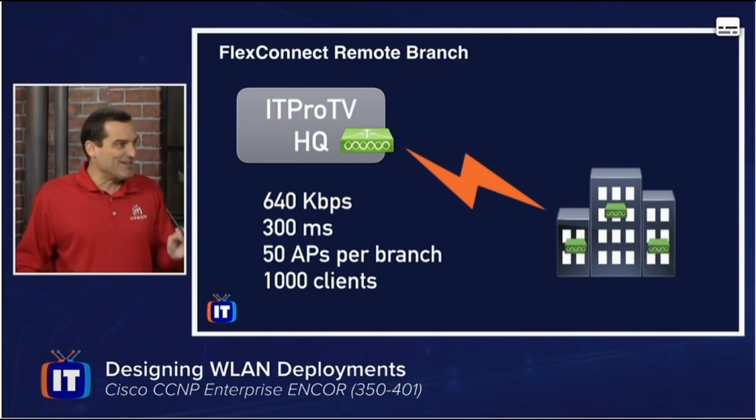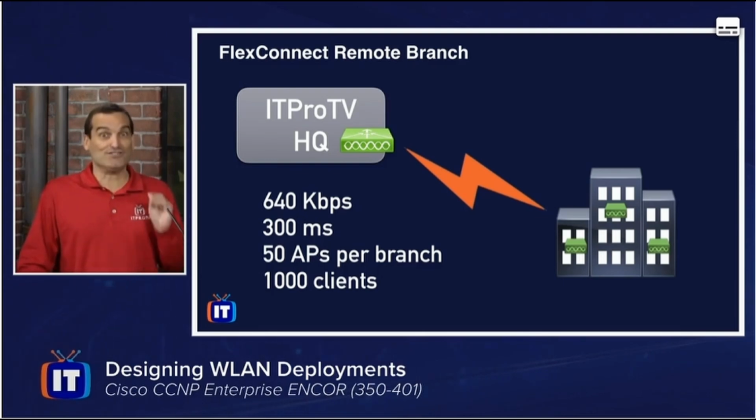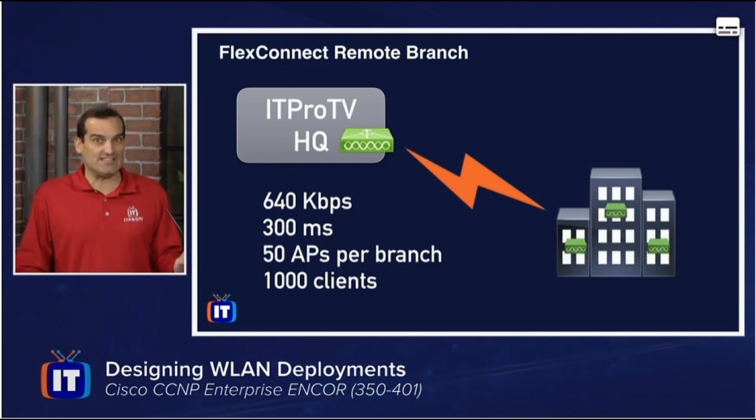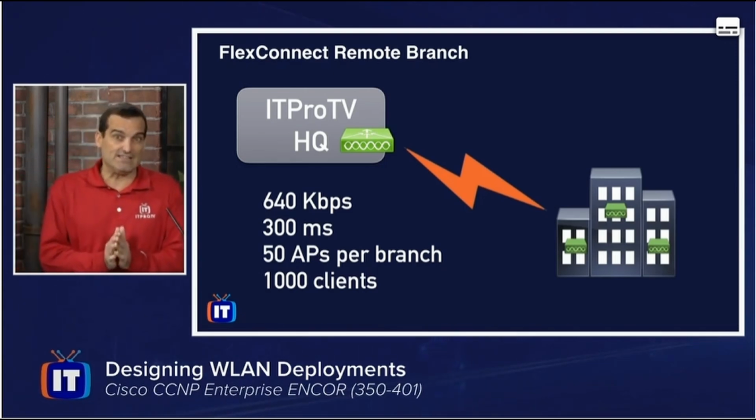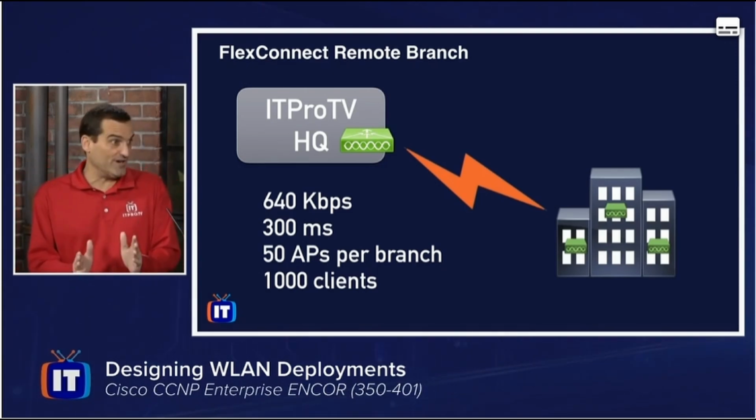We have a 640K WAN circuit. That's darn slow by many of our WAN circuit standards today. But even with this slow circuit, notice that we would have a round trip sustainable latency of 300 milliseconds. So what that's saying is this solution would work even if you have that kind of round trip latency.